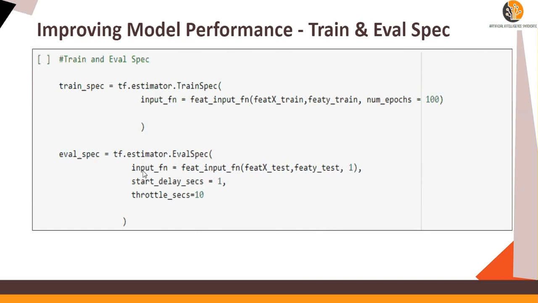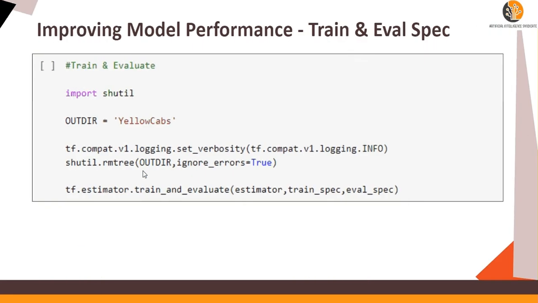And finally, here, based on the estimator, which is the DNN linear combined regressor, train_spec is the train spec which we created, and eval_spec which we created. We are passing this through tf.estimator.train_and_evaluate.